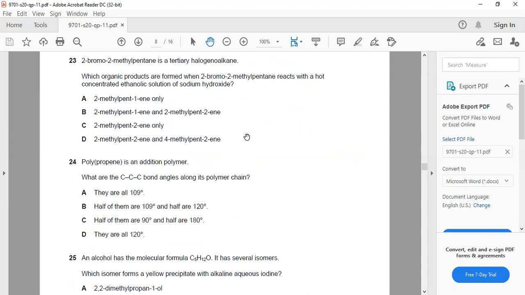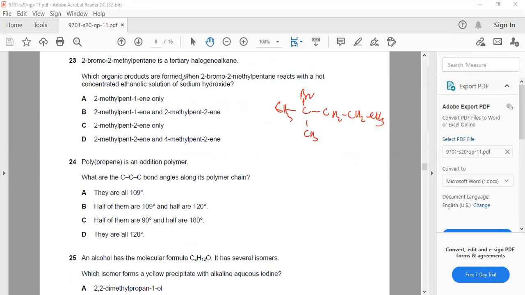2-bromo-2-methylpentane is a tertiary halogenoalkane. We can make 2-bromo-2-methylpentane. Okay, 2, 3, 1, 2, 3, 4, 5.